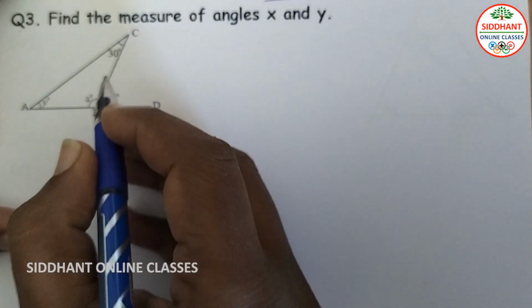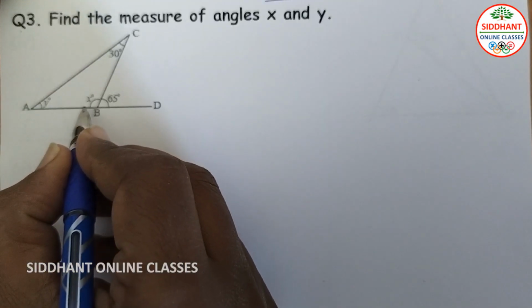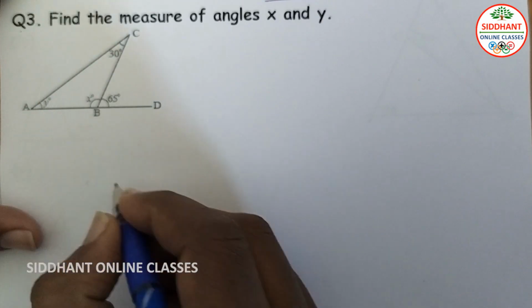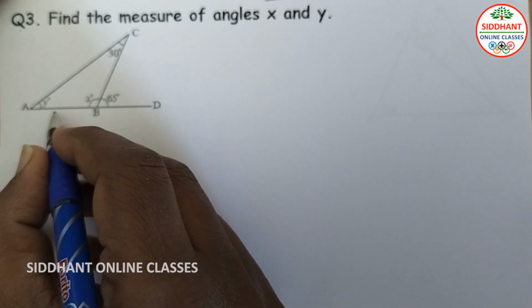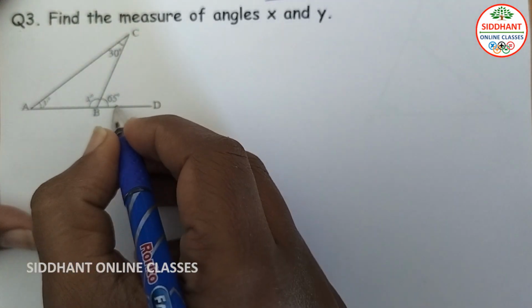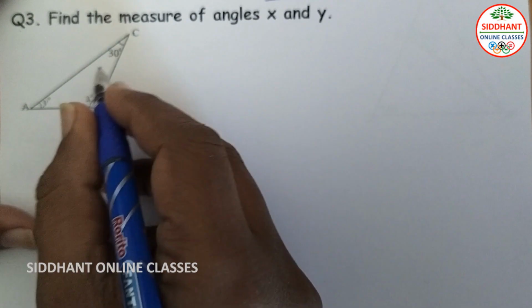Question number 3. Find the measure of angles X and Y. So this is X degrees and Y degrees, which we are going to measure. First we will find Y. We know that the exterior angle is equal to the sum of the interior opposite angles.